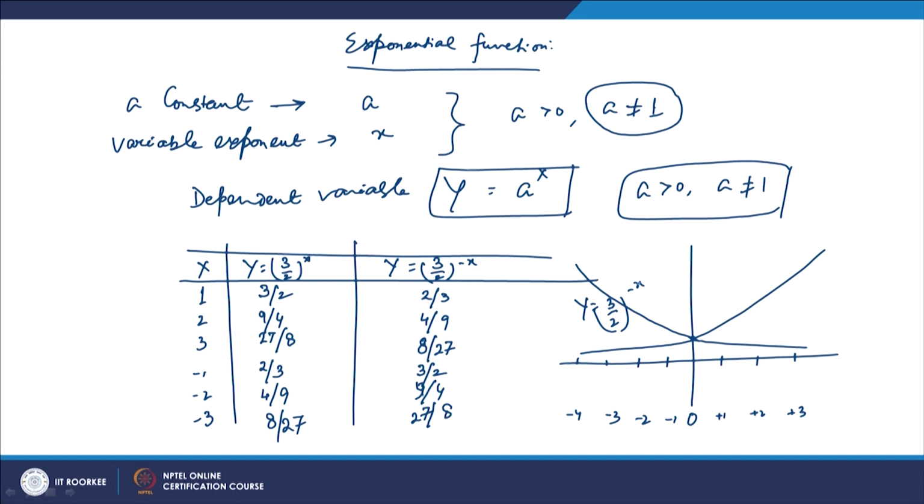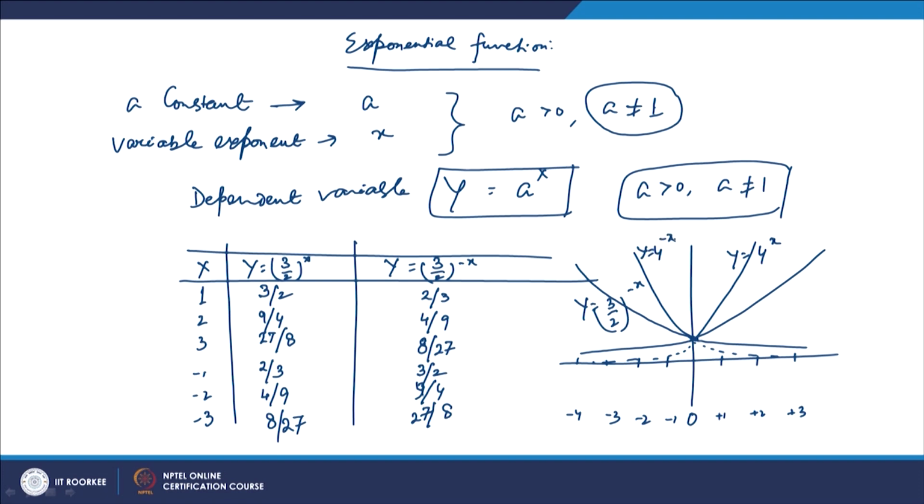All these exponential functions will pass from here. If you have 4 raised to the power x, it will go like this, and this will be 4 raised to the power x, and this will be for y equal to 4 raised to the power minus x.